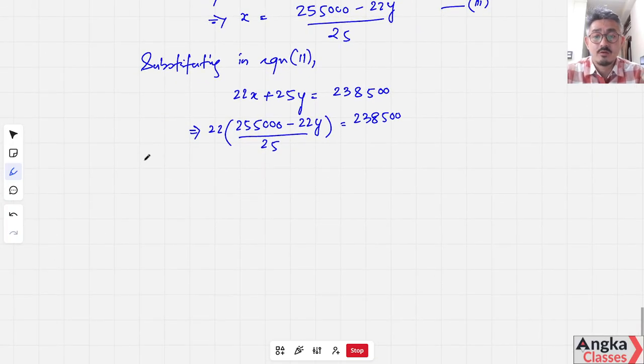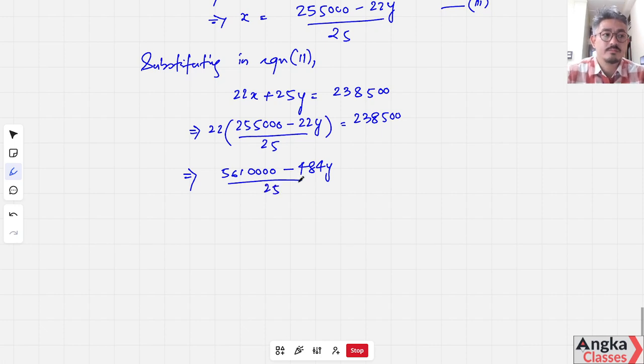Now, opening the bracket, we get 5611234 minus 484y upon 25 plus 25y is equal to 238,500.